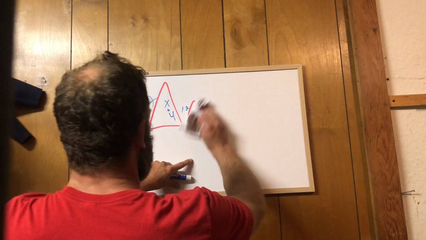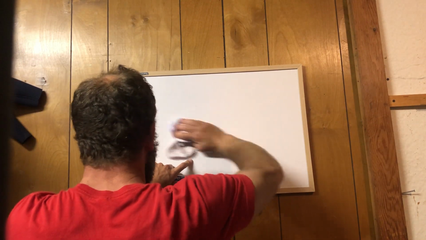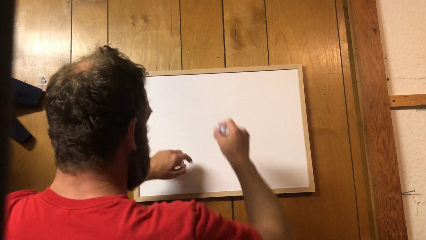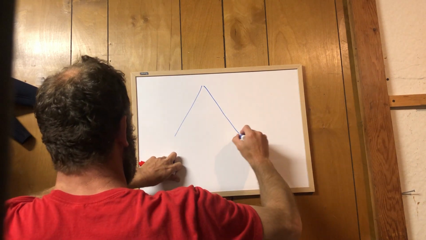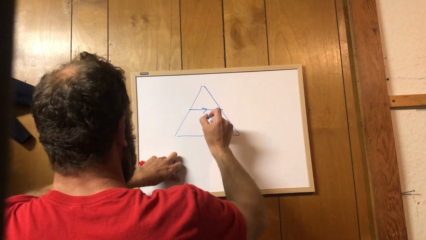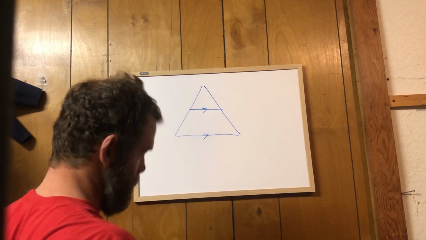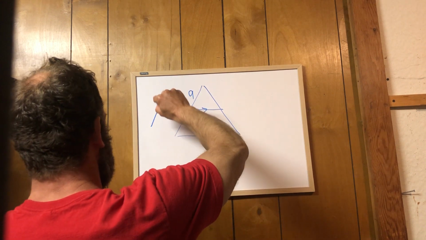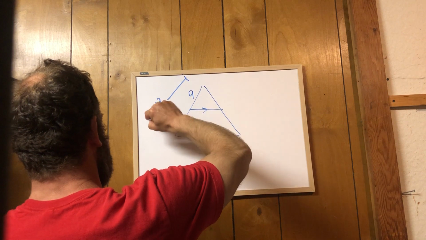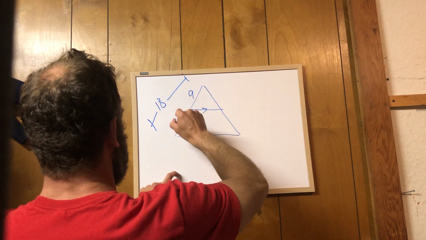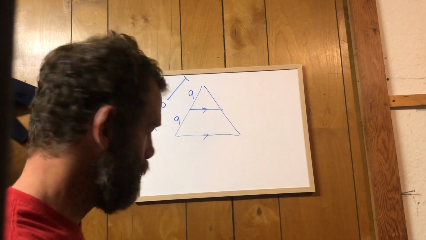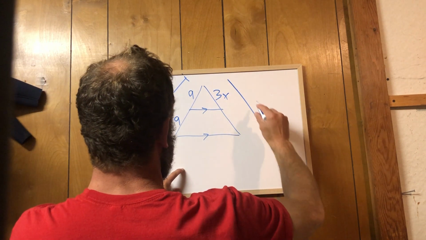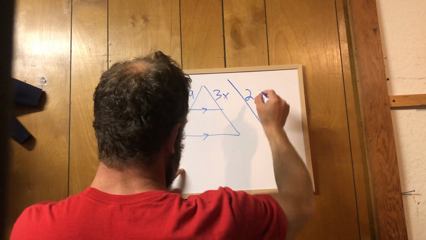Okay, the last example that I'm going to give you is what I do is I give you a line that's parallel to the base. This is 9. This whole thing from here to here is 18. So if this is 9, this has to be 9 also. This is 3x, and this right here is what? 20.